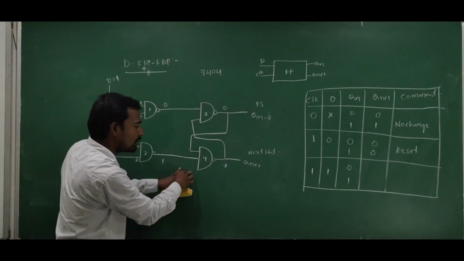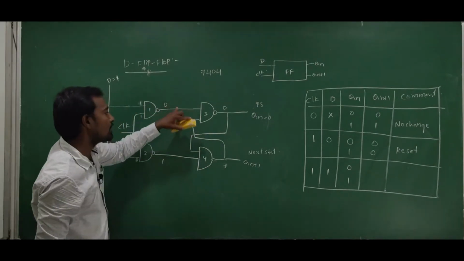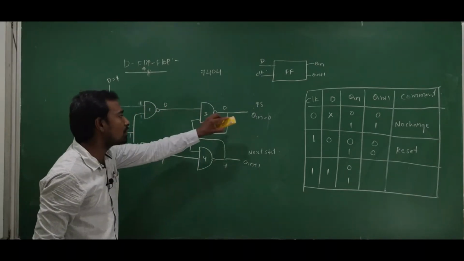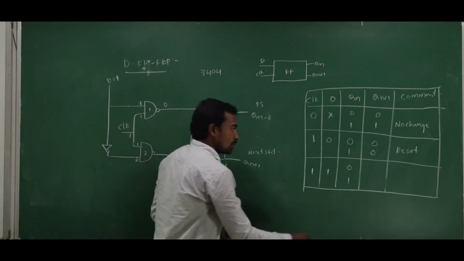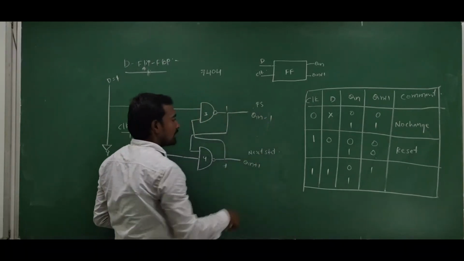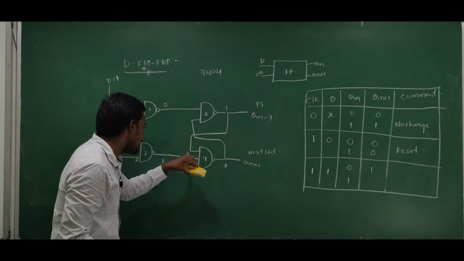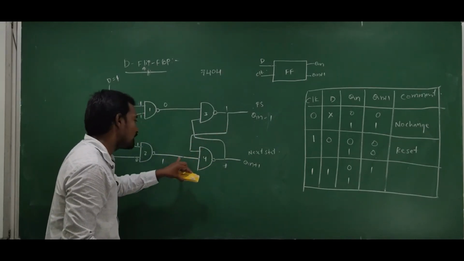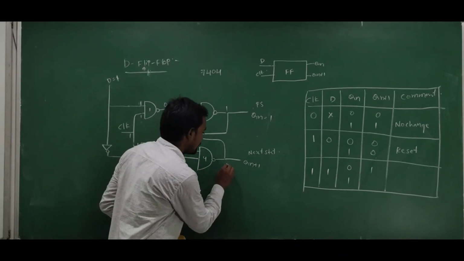0 cross 1 equal to 0. 0 complement 1. 1 cross 0 is equal to 0. 0 complement 1. So the output is equal to 1. And next Qn is equal to 1 here. That 1 is applied for the fourth NAND gate here. 1 cross 1 is equal to 1. 1 complement 0.